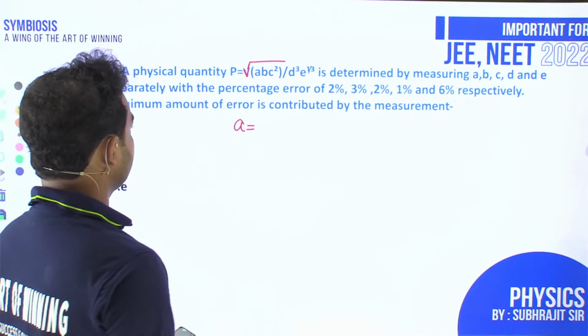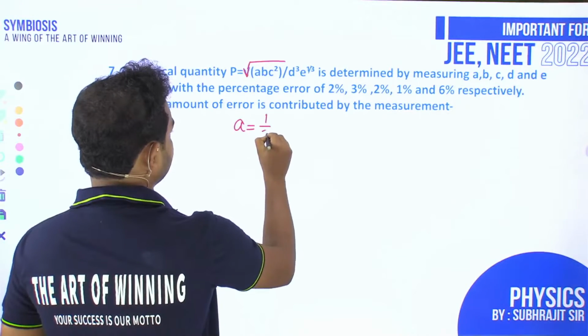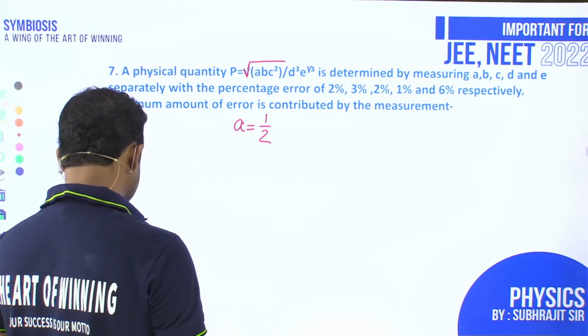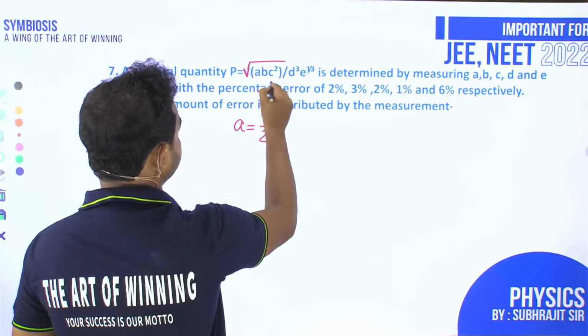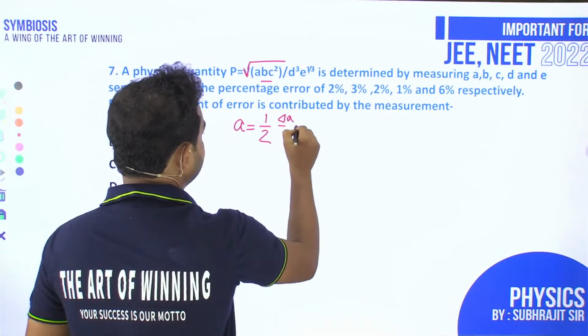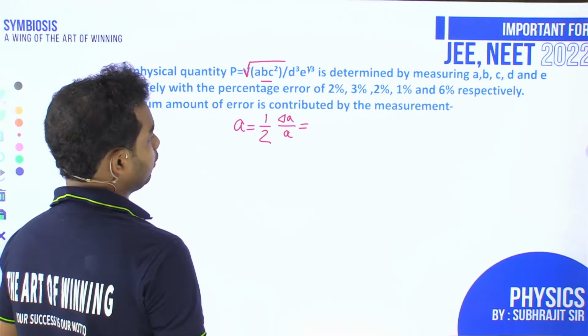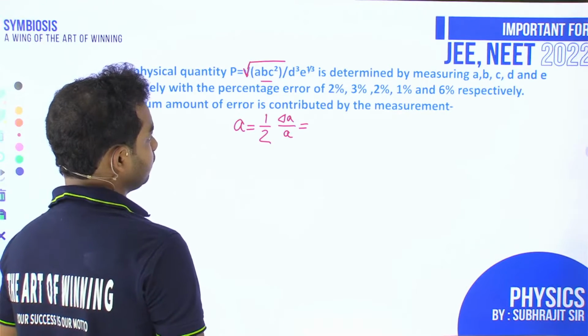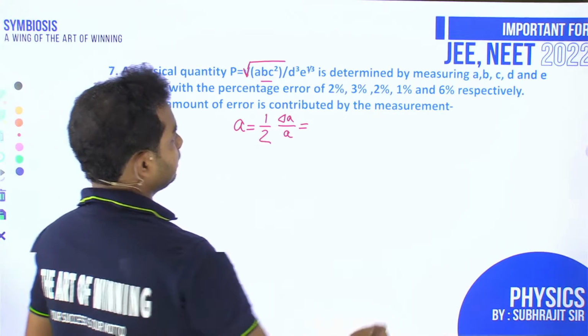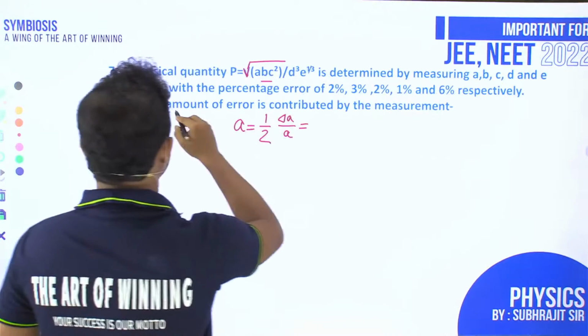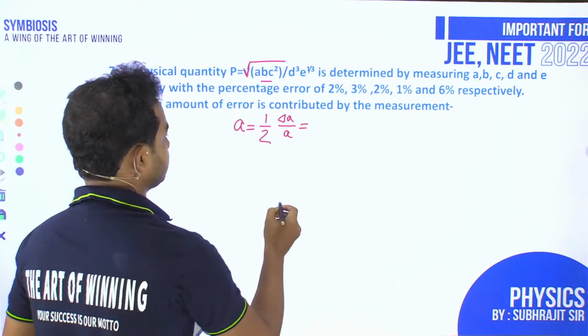From here, we can find that small a is equal to half into del A divided by A. And here the given quantity is percentage error of 2%.